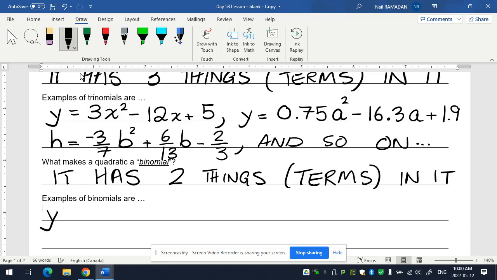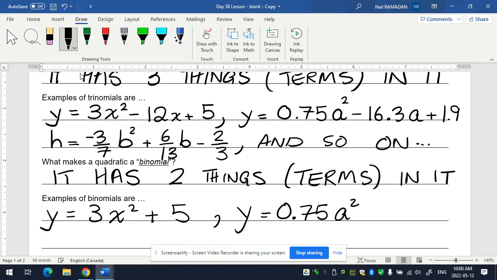All right, so y equals 3x squared. I'm going to take this one out, so it's going to be plus 5. Okay, how about this one? I'm still going to keep the 0.75a squared. But this time, instead of taking this one out, I'm going to take this one, so minus 16.38.